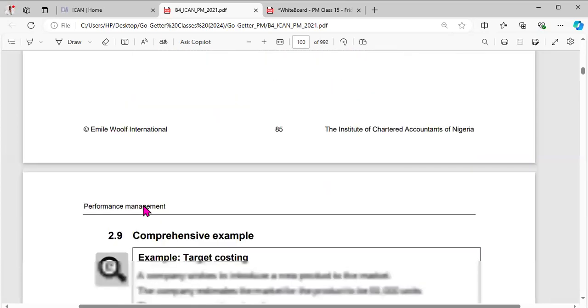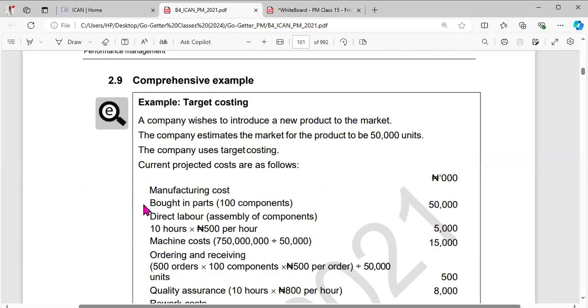Now let's go and see a comprehensive example. So this example is typical of what you will be given each time you have an exam question on target costing. So let's look at this. A company wishes to introduce a new product to the market.